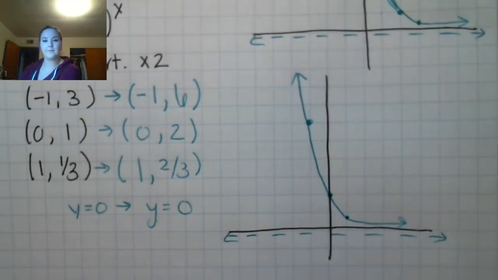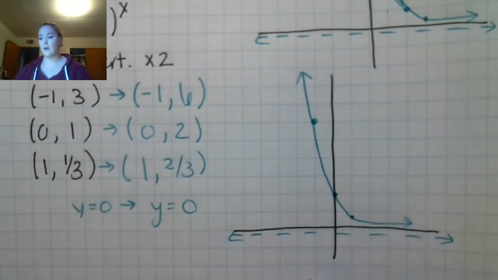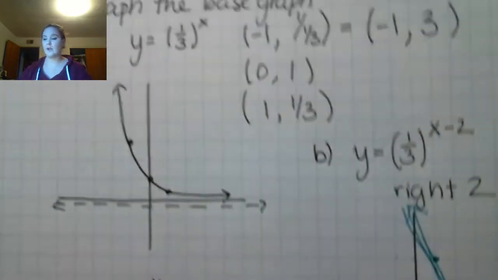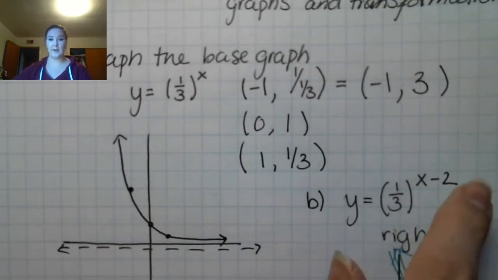So that's what we're going to do with our exponential graphs, right? Graph the base graph itself, and then use the transformations to change the graph.